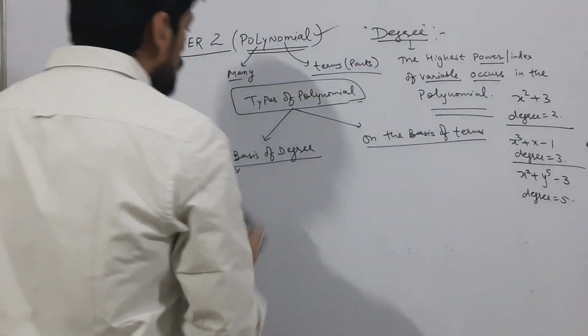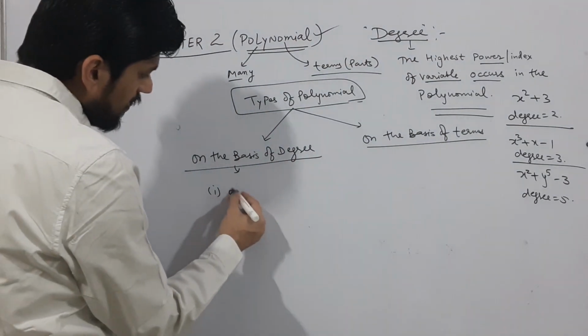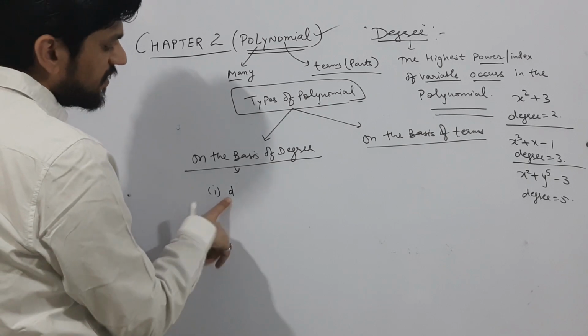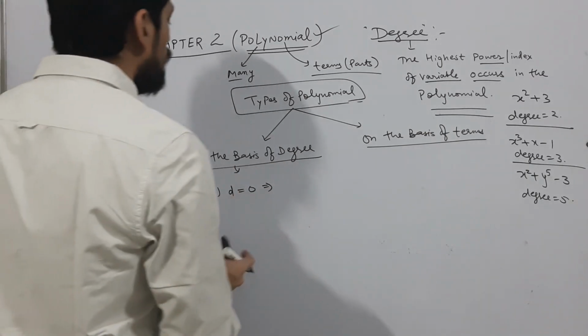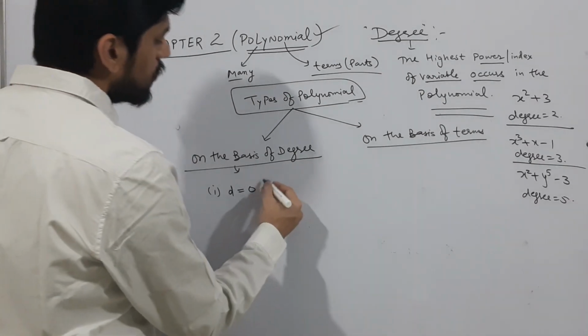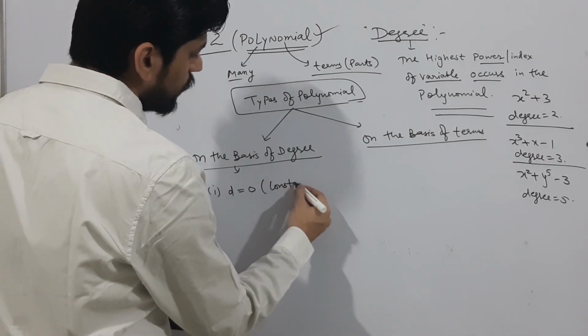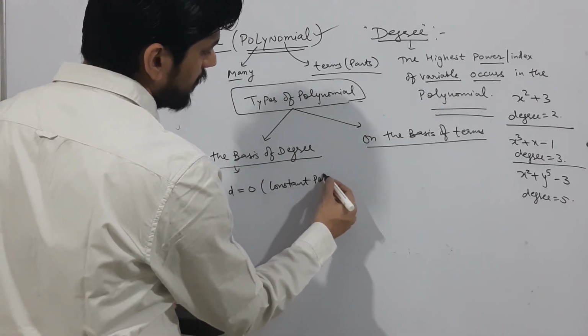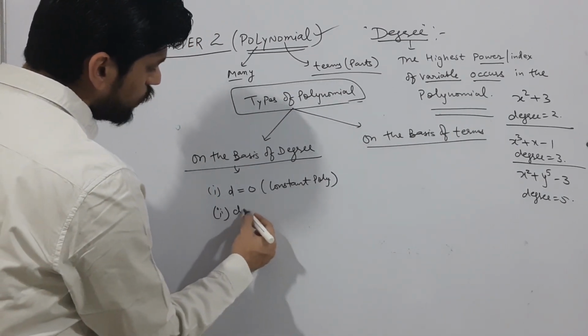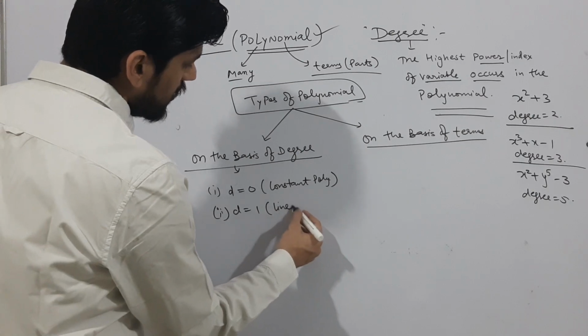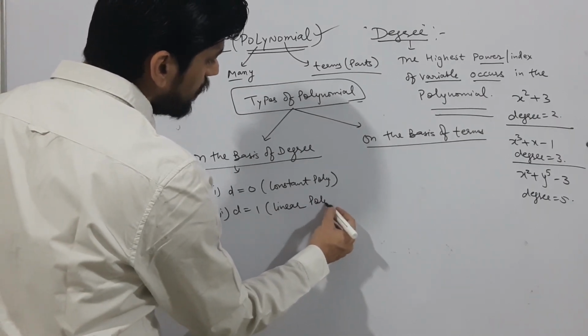Okay. On the basis of degree. When the degree, d means degree of the polynomial, is 0, then such a polynomial is named a constant polynomial. Second is when d equals 1, such a polynomial whose degree is 1 is known as a linear polynomial.